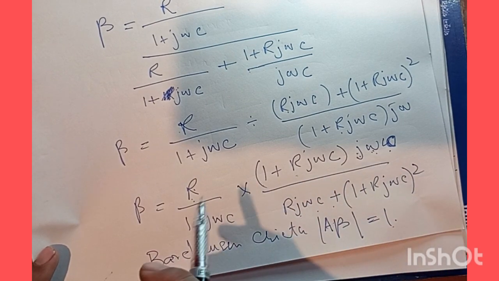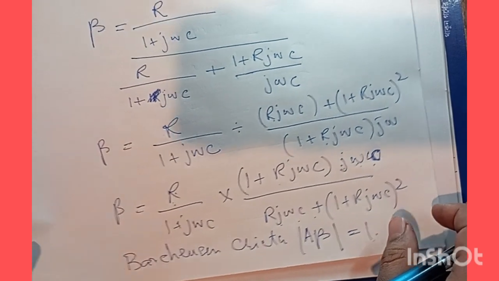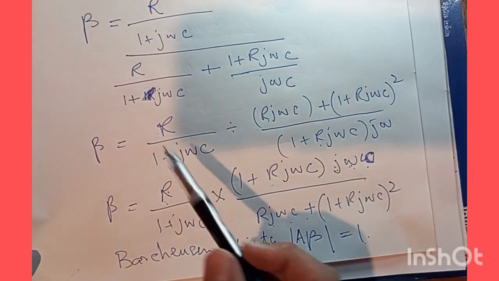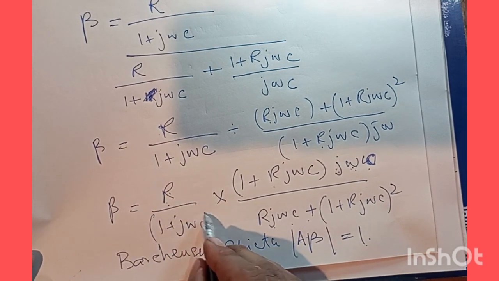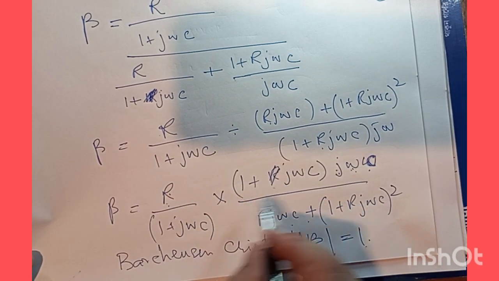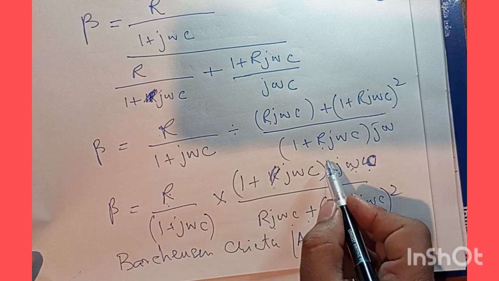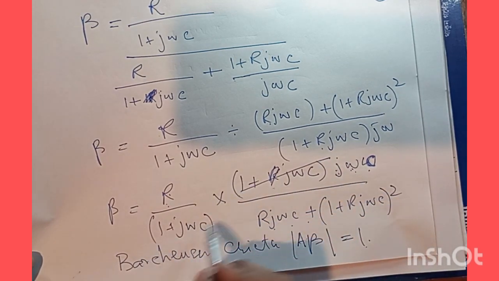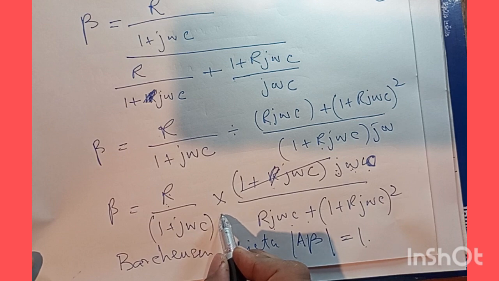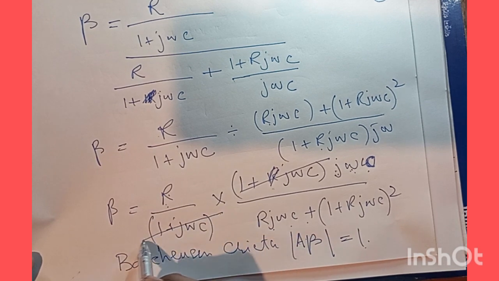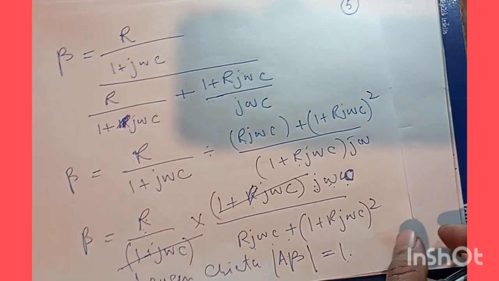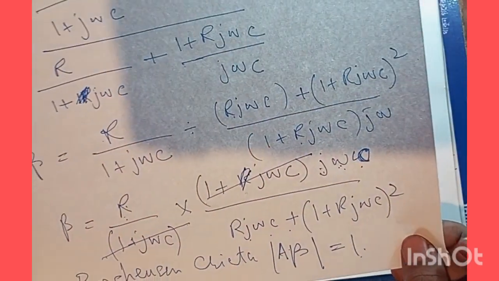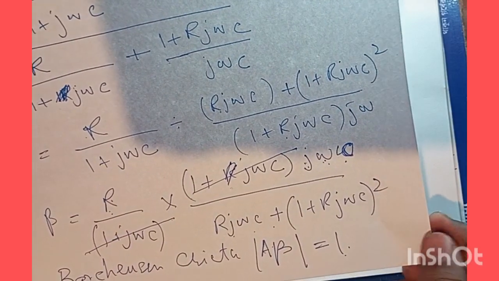I think that there is the problem. Let us see. If that's the case, then here I will have 1 plus J omega C. So this 1 plus J omega C, I might have committed some mistake. I'm not sure. Now let me try to come to the result of this formulation. Otherwise, this whole thing will become futile. So you can check it yourself.